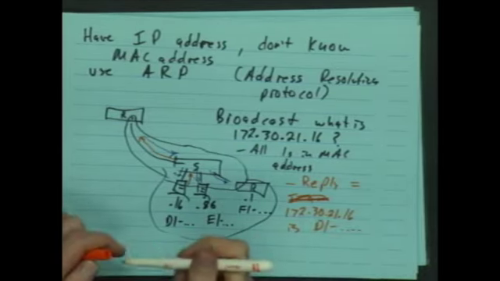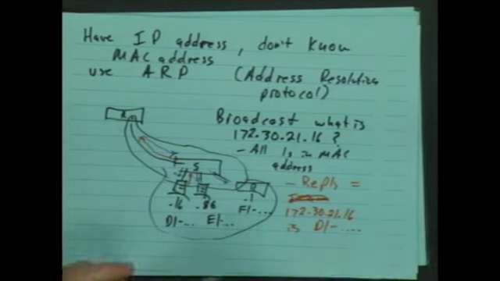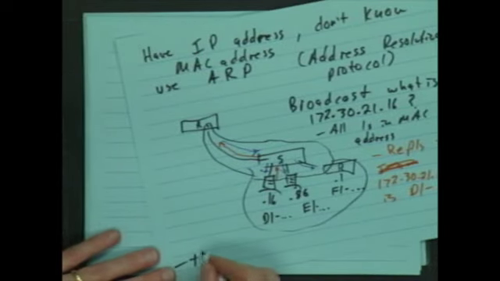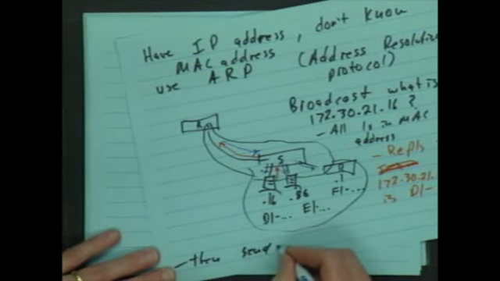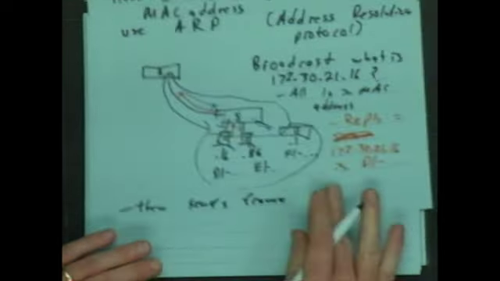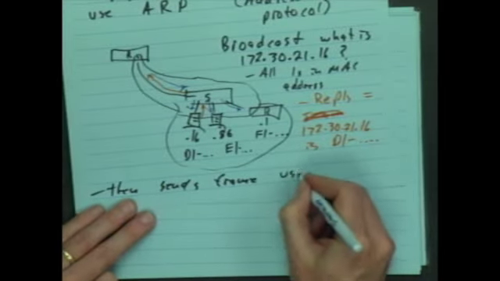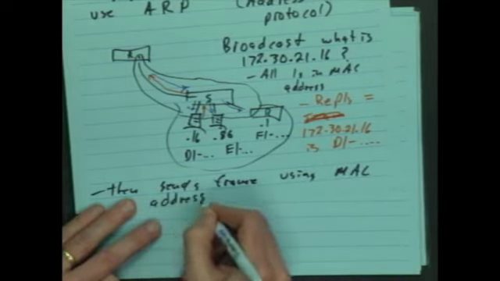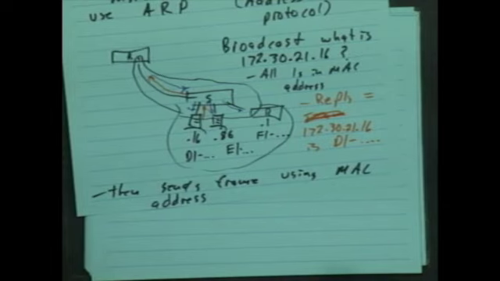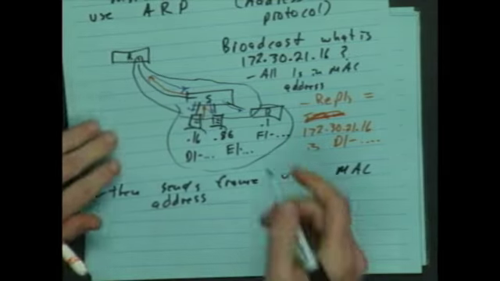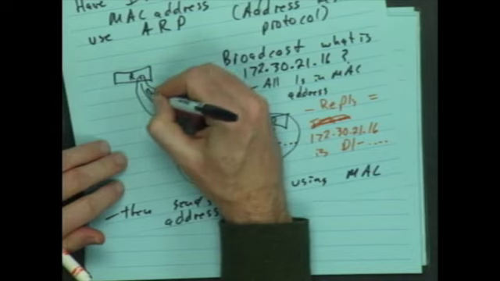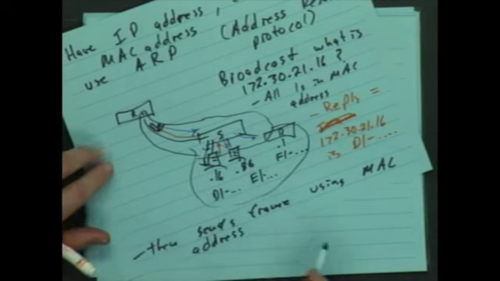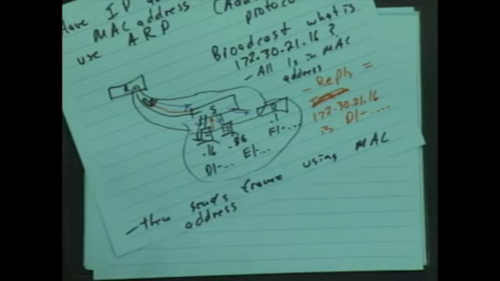Once the router gets that, it sends out the frame. Yeah, it's not easy, is it? Networking, what a pain. So it sends out a frame after that with the right MAC address on it. Now it's addressed to D1, and the switch will send it to the right place, and everyone's happy.